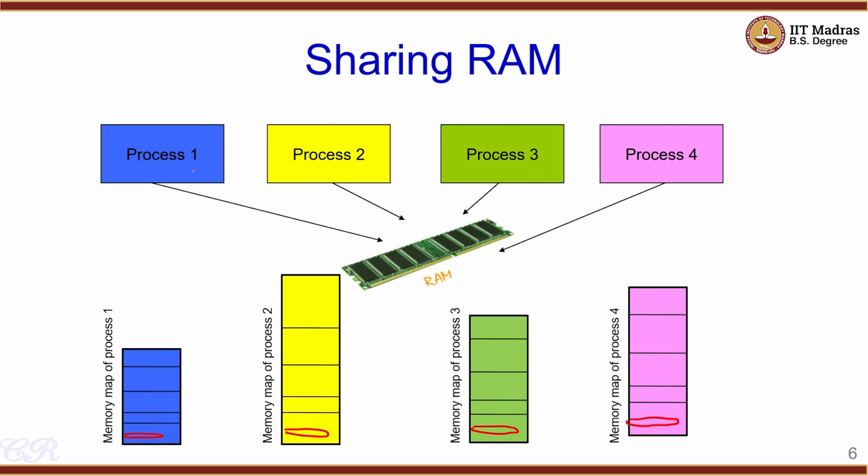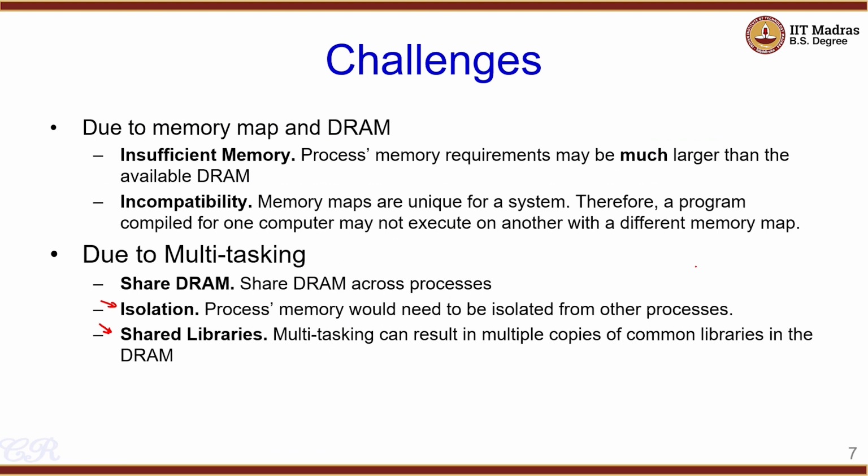So if I have 4 processes in my DRAM, I want there to be only a single copy of the shared libraries that are present, right? So this is another challenge that we need to solve.